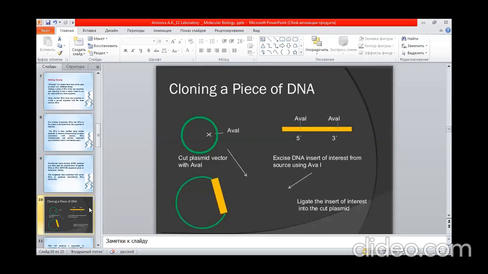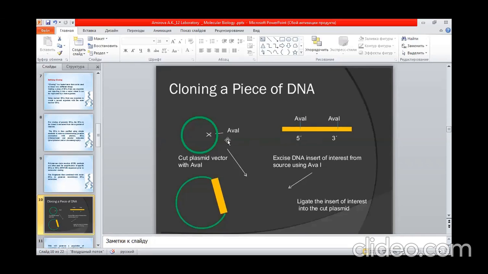Cloning a piece of DNA. Plasmid. Plasmid is a small circular DNA molecule, and the gene of interest from another organism.